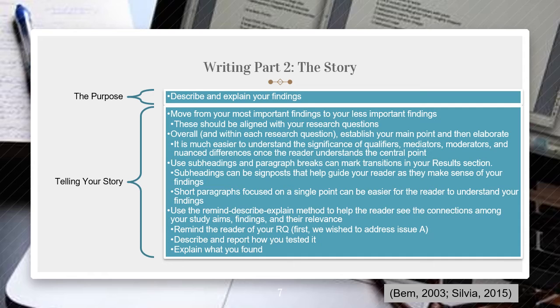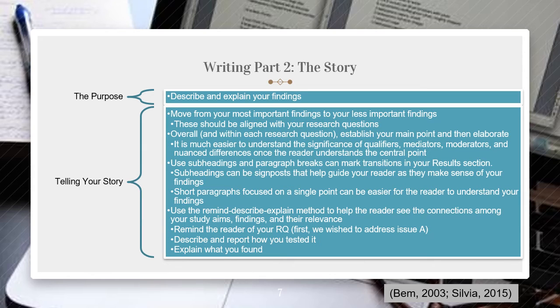So for example, you want to present your central point, and then you'll talk about how things might diverge, either through mediators or moderators, qualifiers, nuanced differences, but it's much easier for the reader to understand what these qualifiers and changes may be and variations on the central point when they first understand the central point.